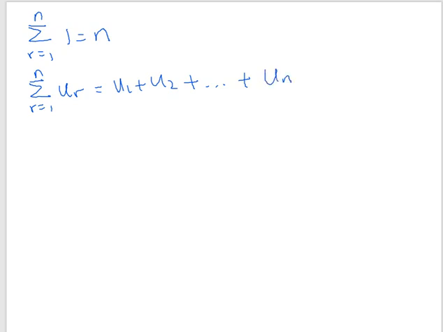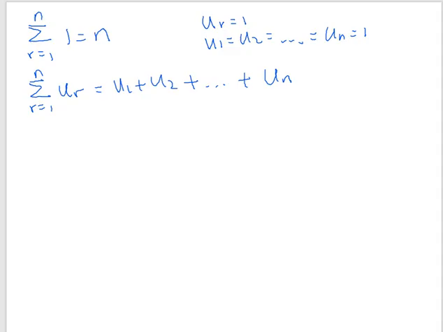Now let's say I tell you ur is 1, meaning u1, u2 all the way until un are all 1.